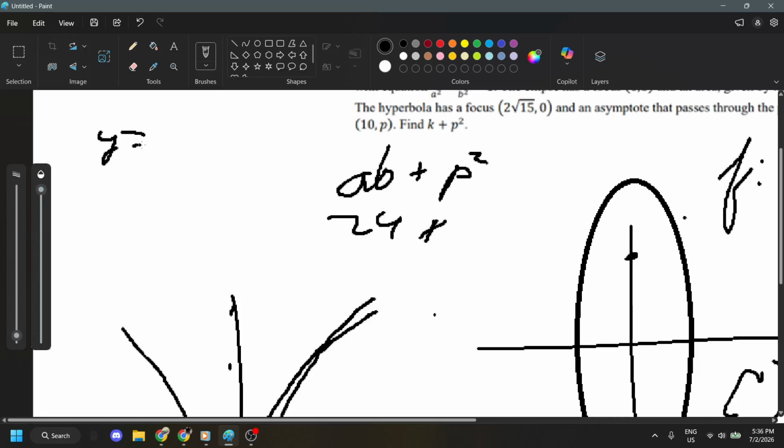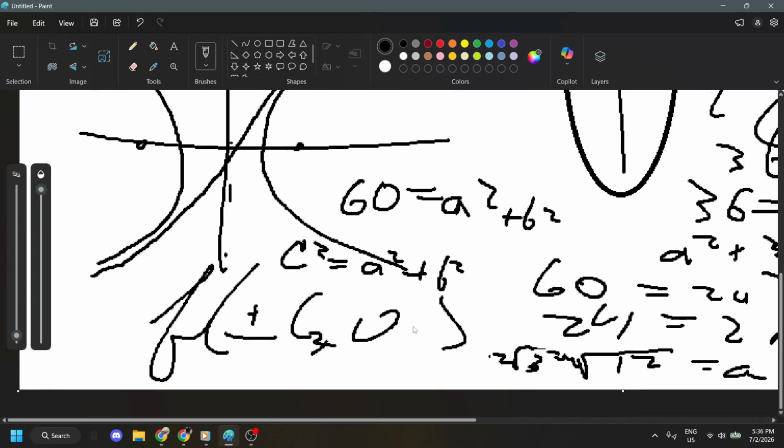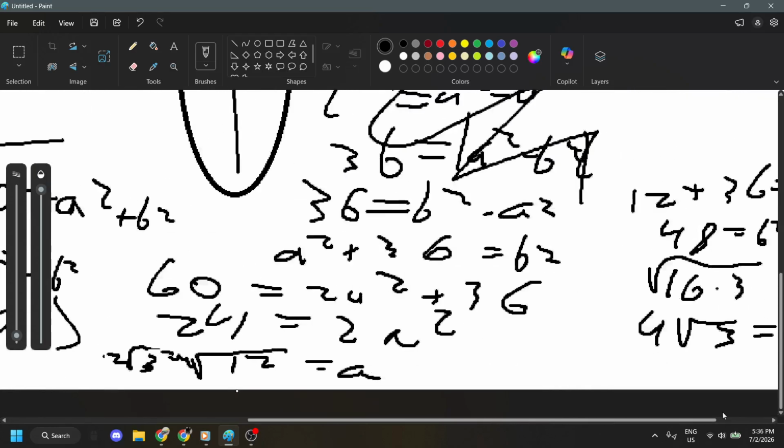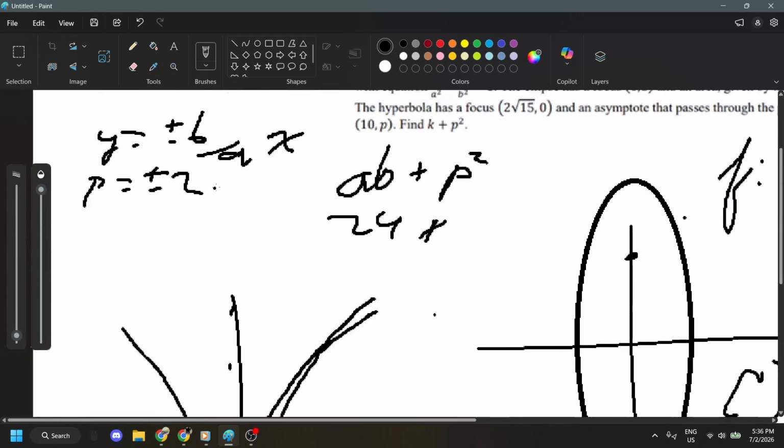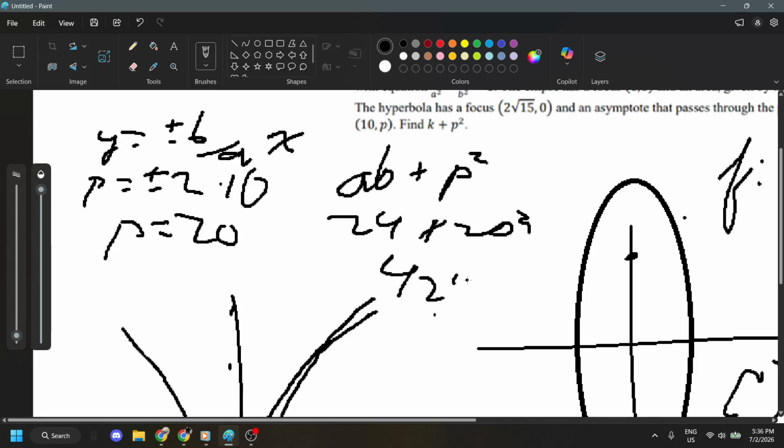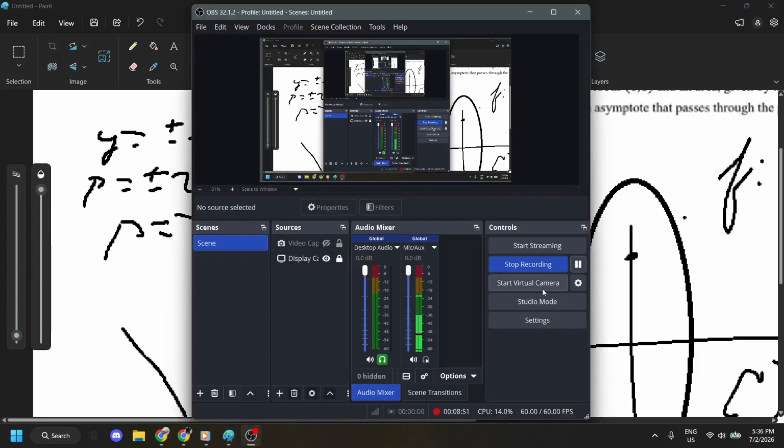So y is equal to plus or minus b over a times x. So p is equal to plus or minus 2 times 10, so p is 20. So we have 20 squared. So we have 424. Hopefully I didn't mess anything up.